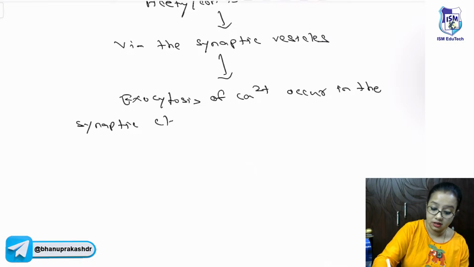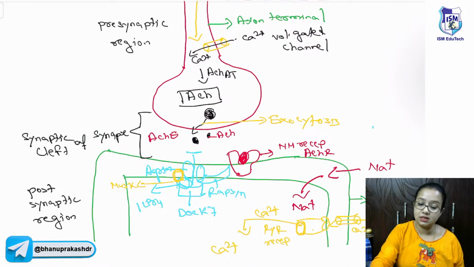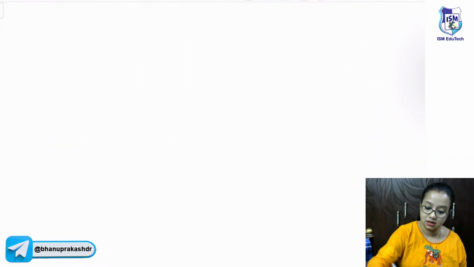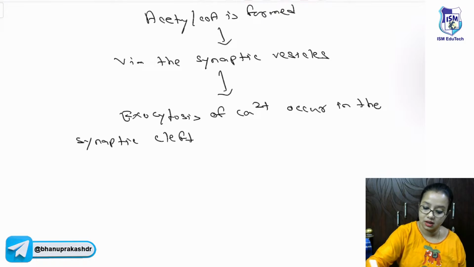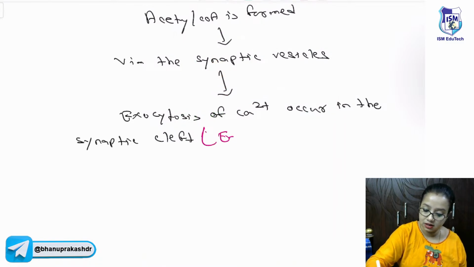synaptic cleft. Now here one thing you have to remember, after this acetylcholine is released in the synaptic cleft, there is a wave of depolarization. Now this is called the end plate potential.